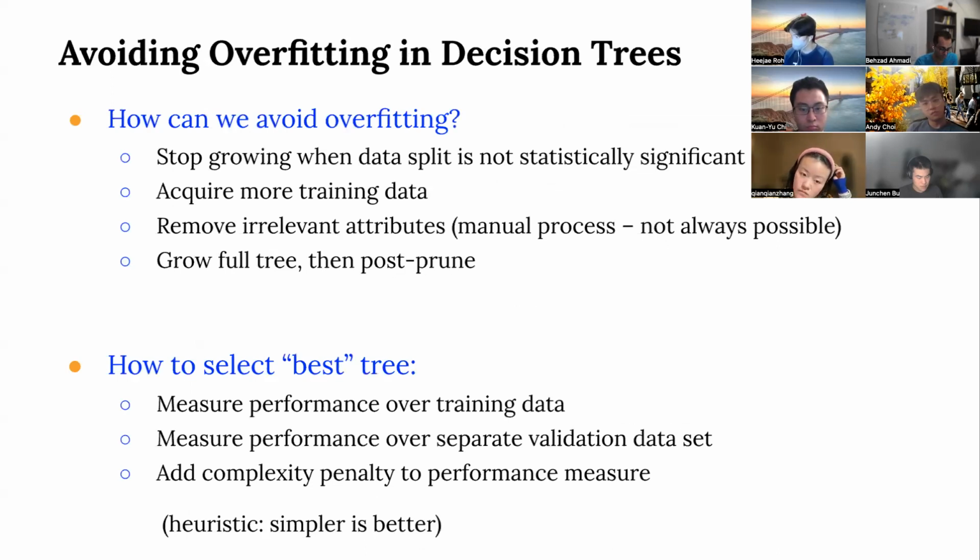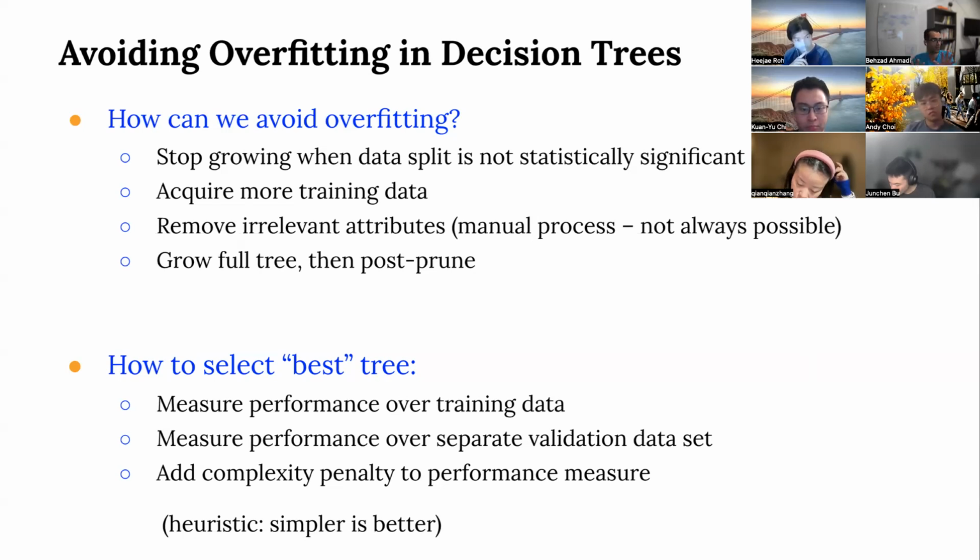How do we avoid overfitting? You stop growing when the data split is not statistically significant. You acquire more training data. If you can, you should remove irrelevant features. Sometimes you grow the full tree and then you post-prune. That's another way of doing this.